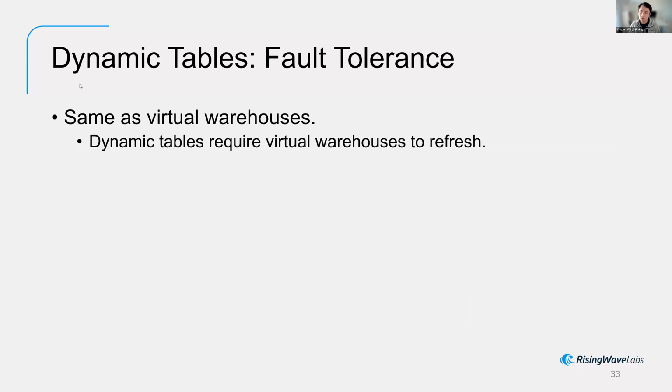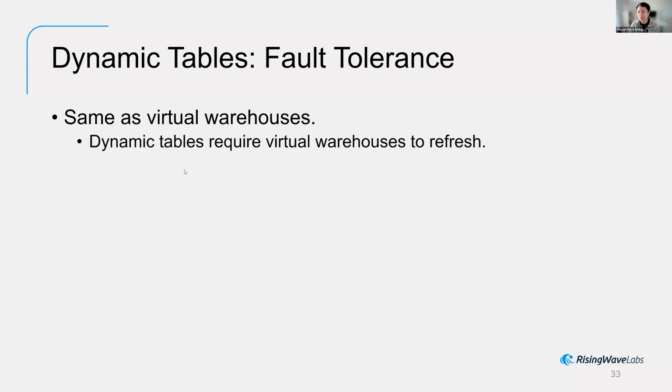Using Snowflake, if you want to do the dynamic table, sorry, not the dynamic scaling, then essentially you have to have the virtual warehouse. In the documentation, they explicitly mention that dynamic tables require a virtual warehouse to refresh.